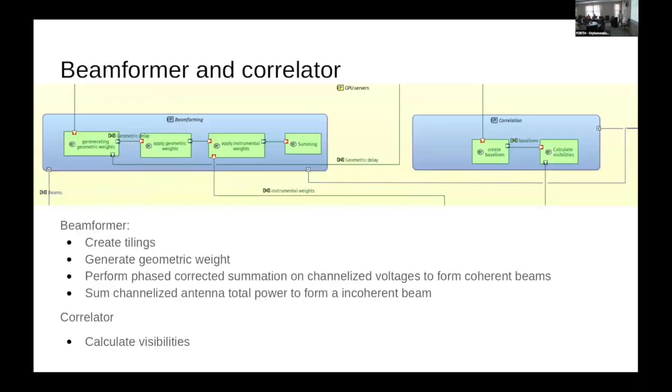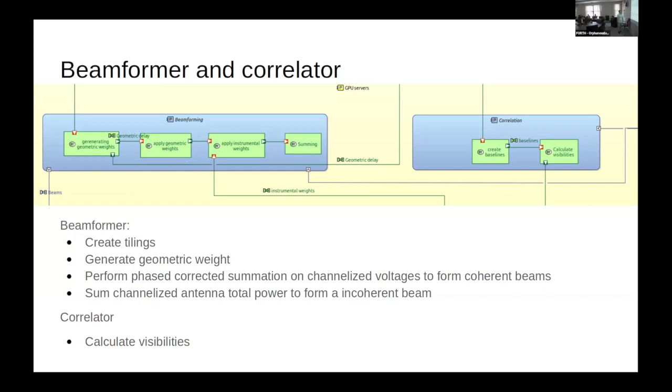So about the beamforming correlator, as I mentioned before, the beamformer is responsible for creating tilings and generating geometric weights, so that we can form coherent beams and also form incoherent beams with a much bigger field of view.